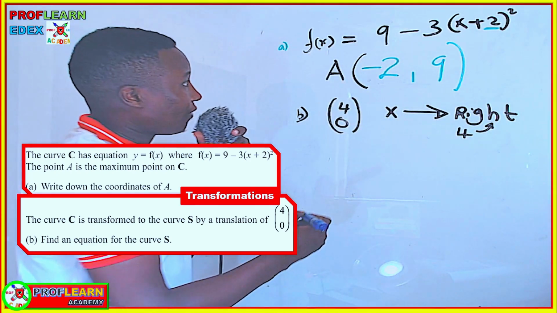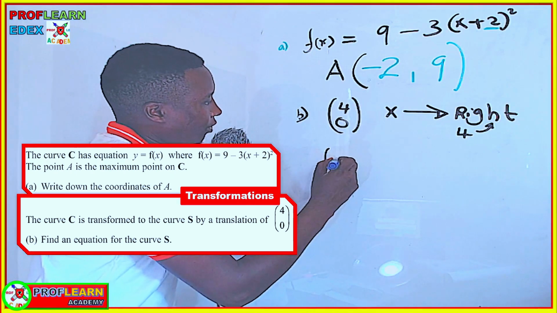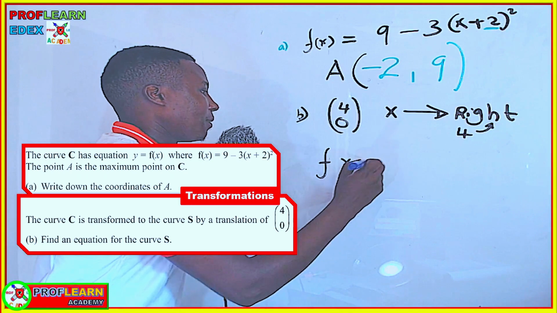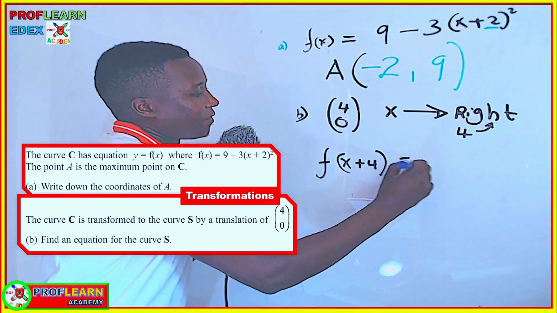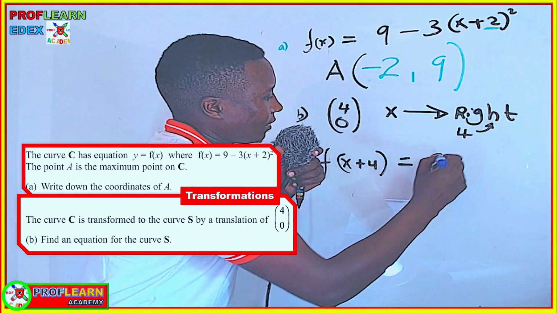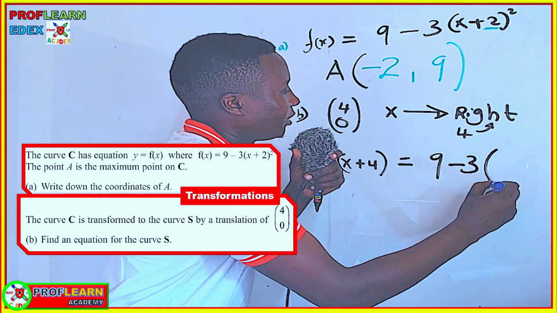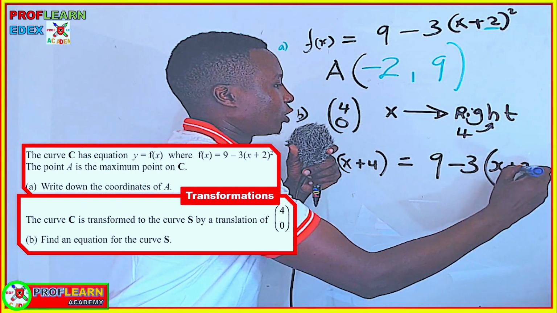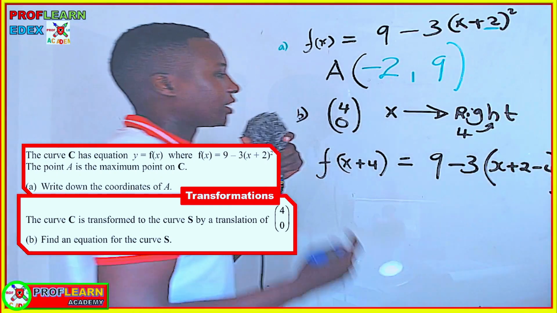So meaning the curve now f of x plus 4 is going to be written as 9 minus 3 into (x plus 2 then minus 4).